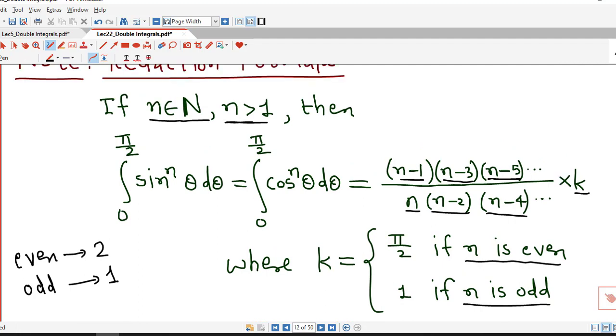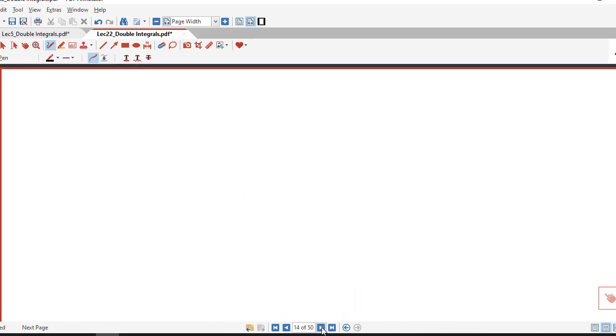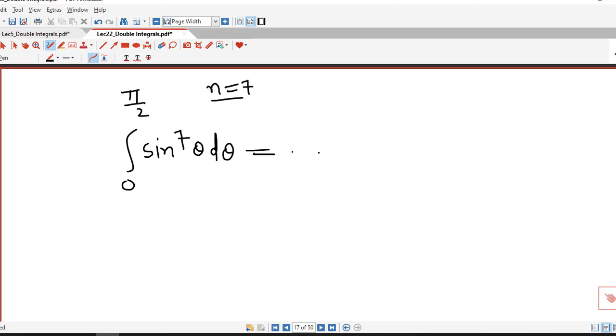For example, we can understand with one problem. Suppose I want to find out the integral from 0 to pi by 2 of sine raised to 7 theta d theta. So here n equal to 7.